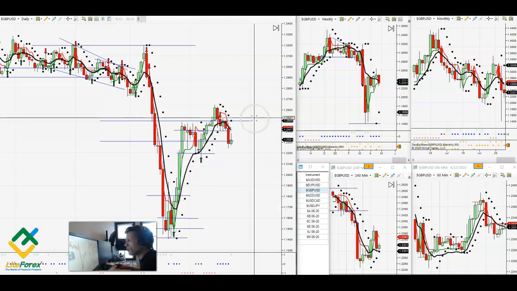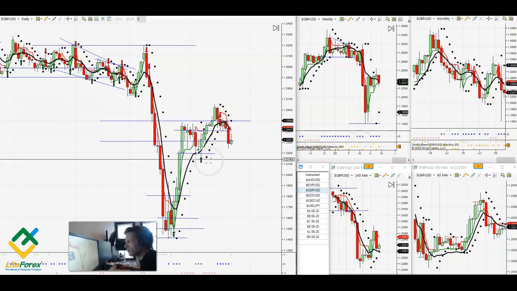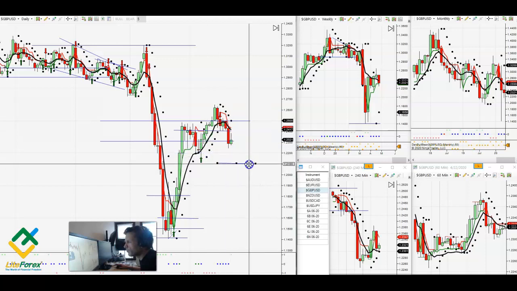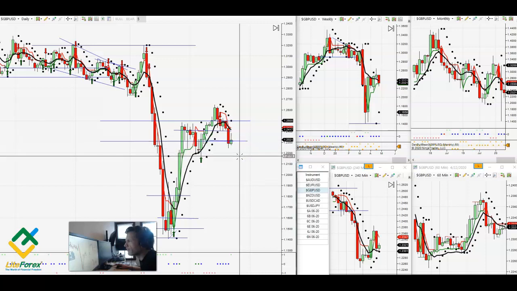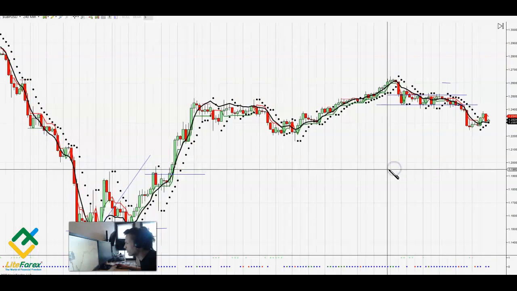So this does look more bearish than anything at this point. Now we are holding that support at 23, but this looks more bearish to me than anything.